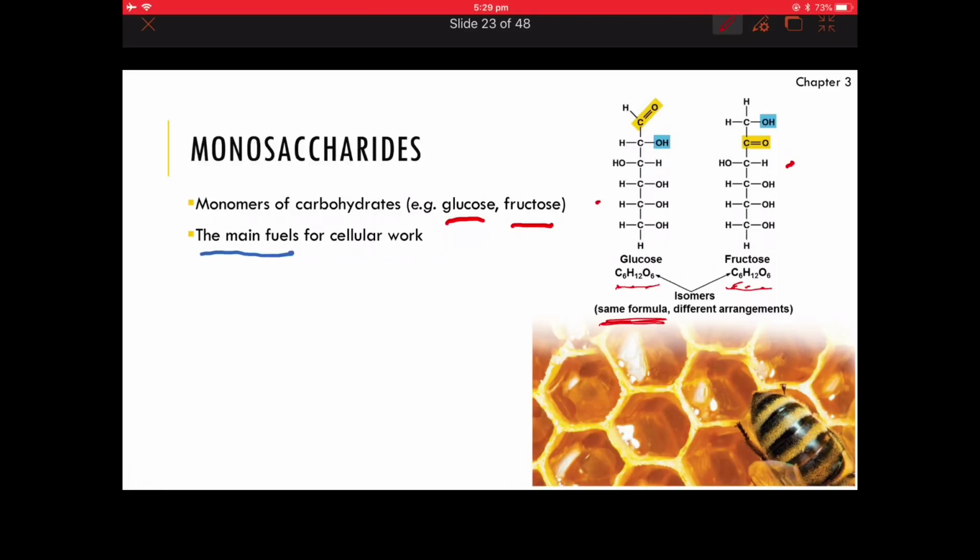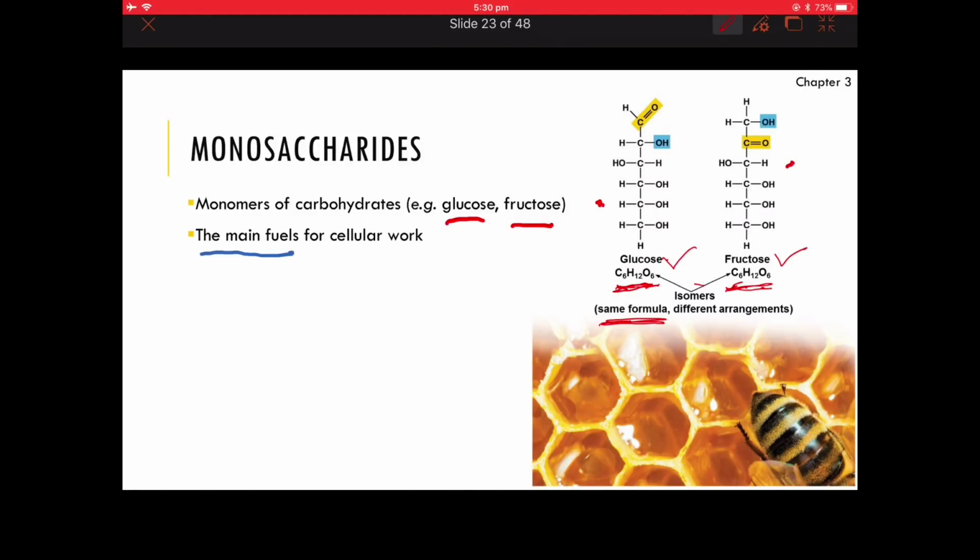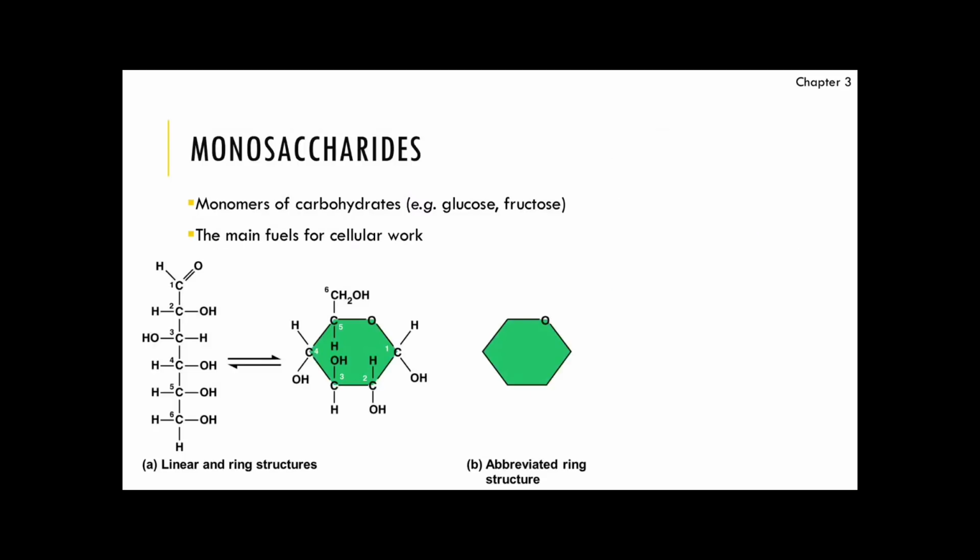So they look different structurally, but not chemically. Chemically, they contain the same amount of atoms. Because of this, glucose and fructose are considered isomers of each other. What does isomer mean? It means they have the same formula but different arrangements. Monosaccharides can be in linear or ring structures, but in water they tend to form rings.